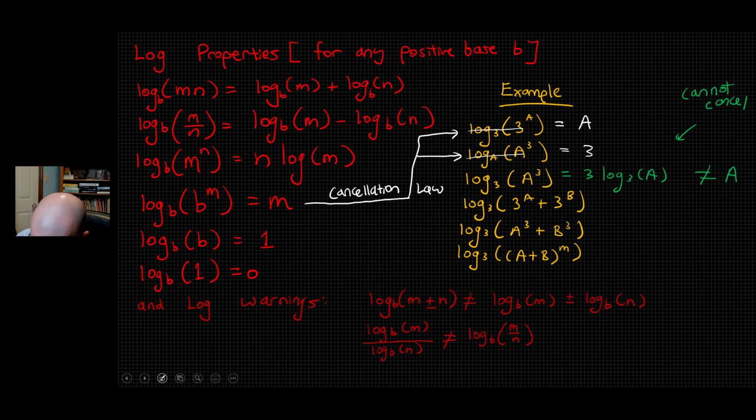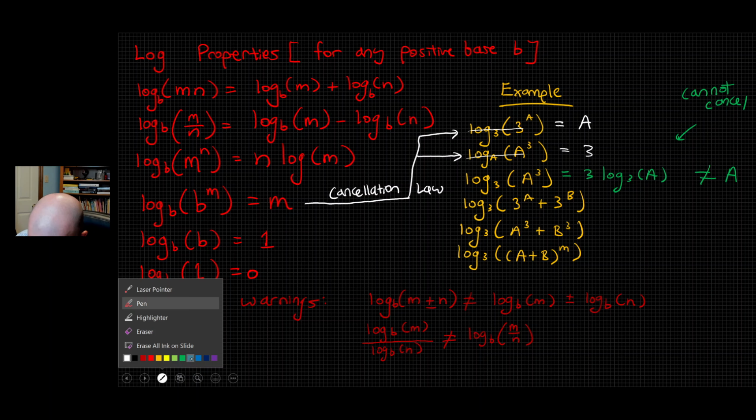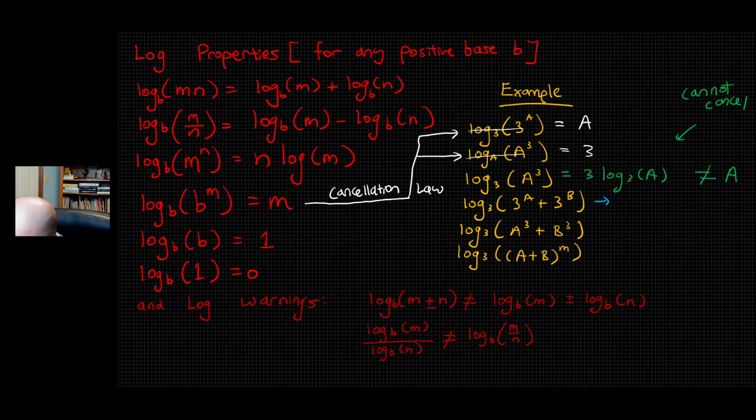Okay, next rule, nothing can be done for the next one. No simplifications. You can't bring the a down, you can't bring the b down, you can't split it up. And the next one, you might be tempted to bring the 3 down, but you can't. The rule, log base b of m to the power of n, bringing the n down, you can only do that if everything is raised to that power together. So you can't bring the 3 down, no simplification.